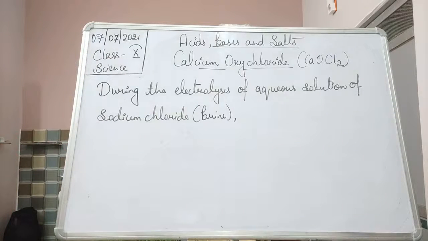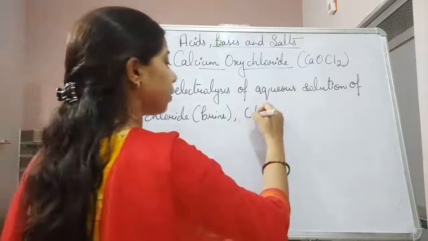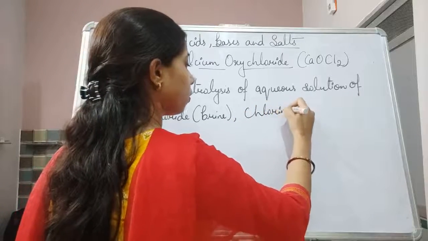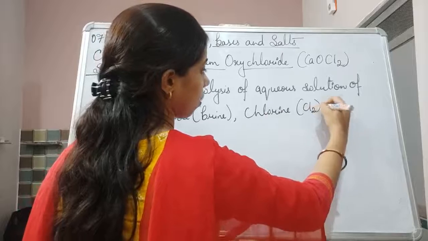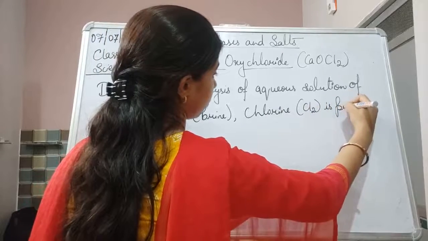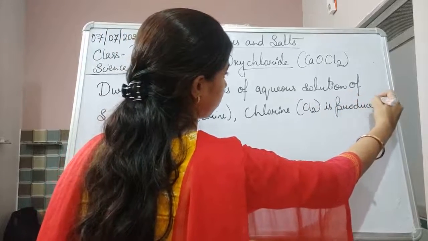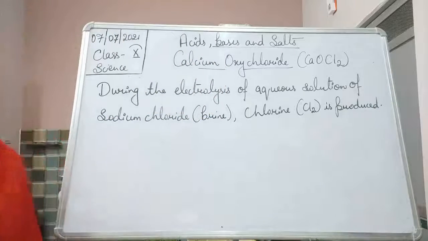So we can write here chlorine is produced.